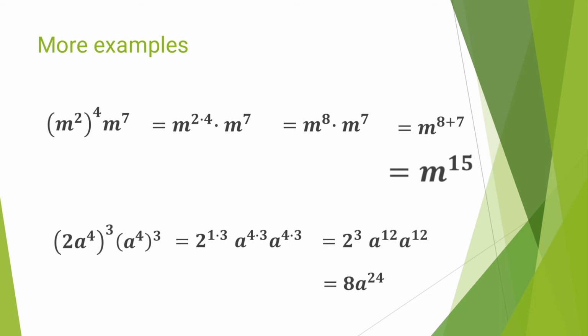We got 2 cubed, a raised to the power of 12, and a raised to the power of 12. Apply product rule. 2 cubed is equal to 8, and then keep the base a and then add the exponents of 12. 12 plus 12 is 24. So the final answer is 8a raised to the power of 24.